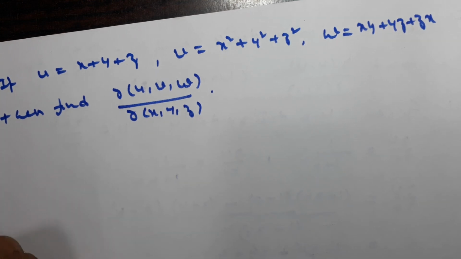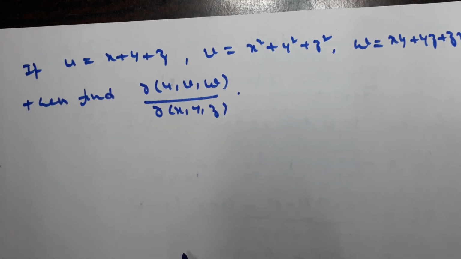As the procedure is the same, but it is the Jacobian of 3 by 3.